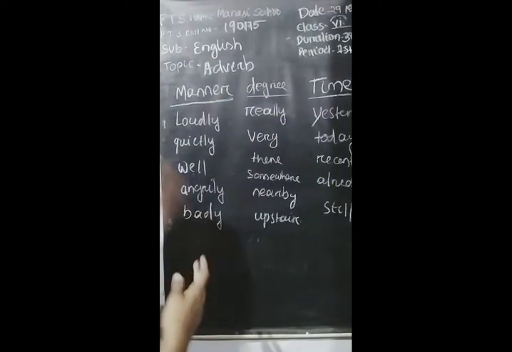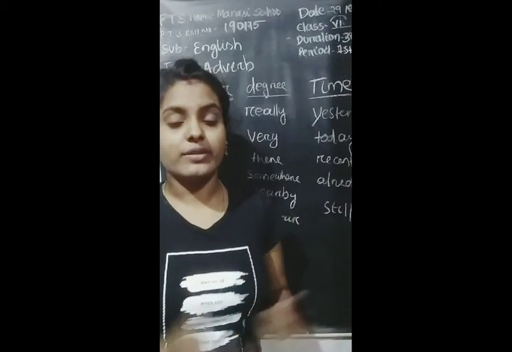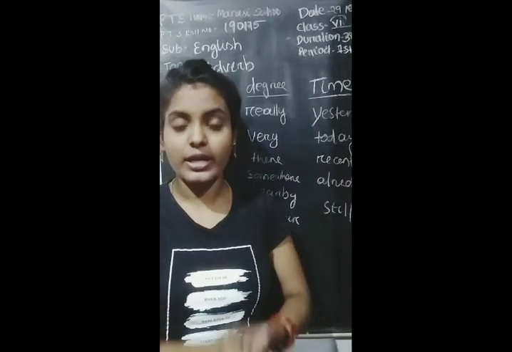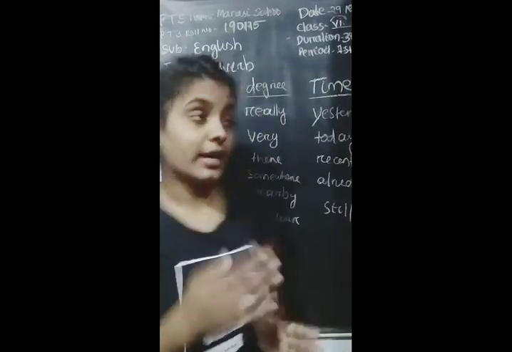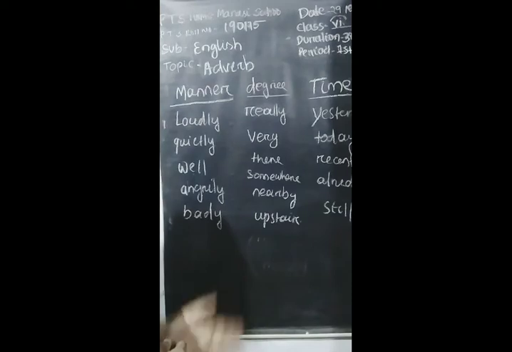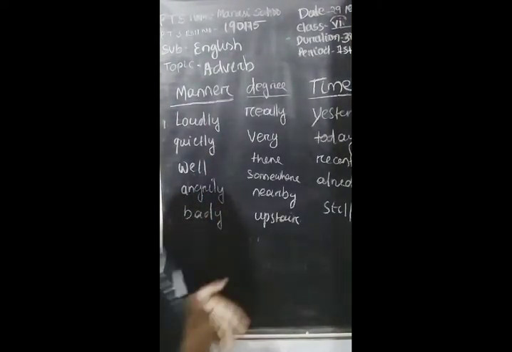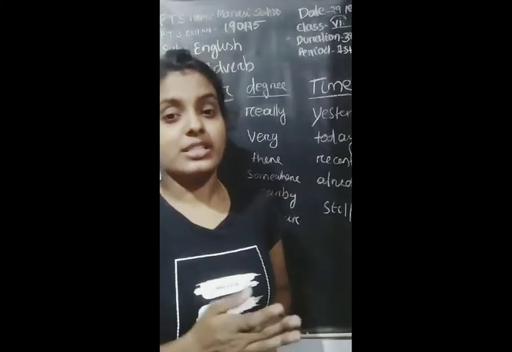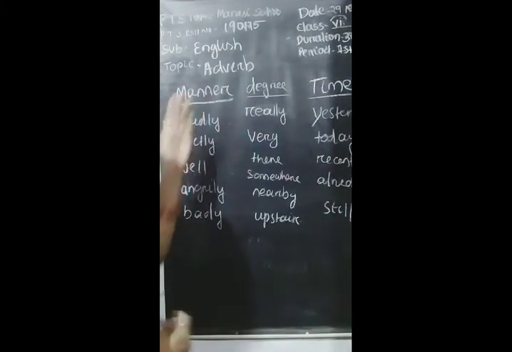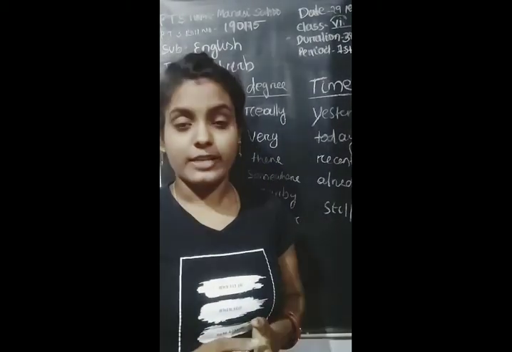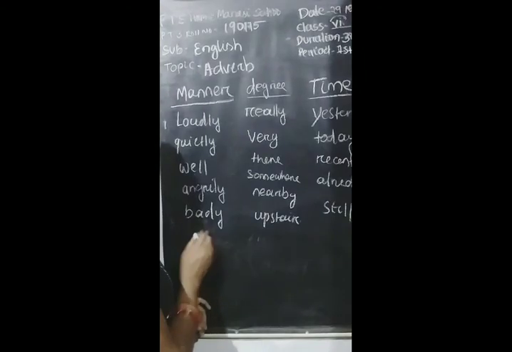The adverbs of manner tell us how and in what way things happen. They include words like loudly, quietly, well, angrily, badly. It just tells about your manners. And remember one thing: the adverbs of manner always question how.